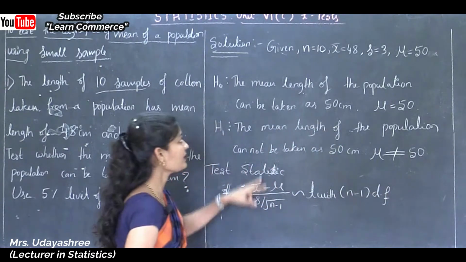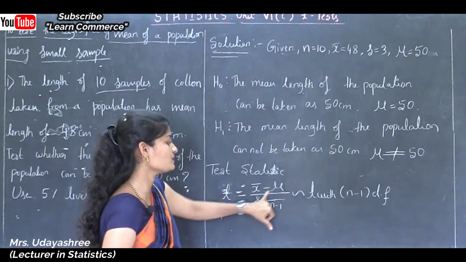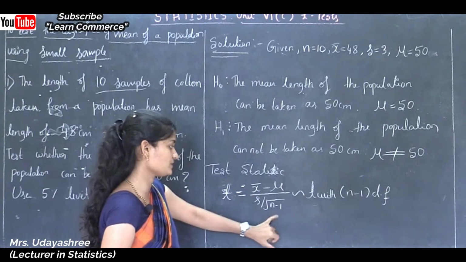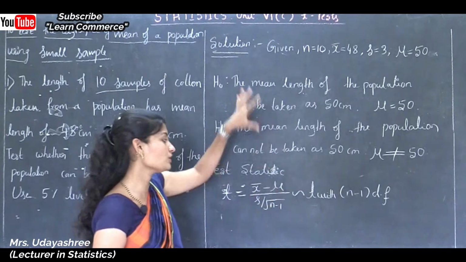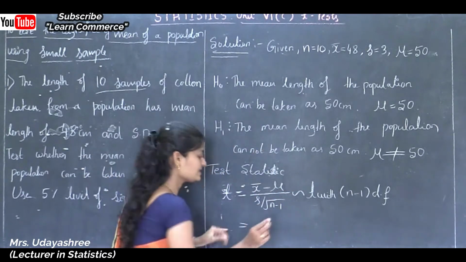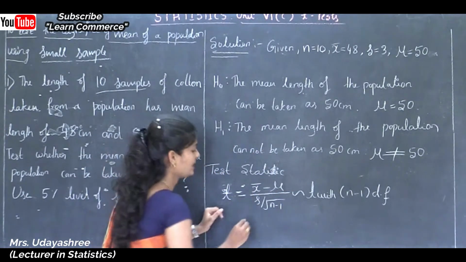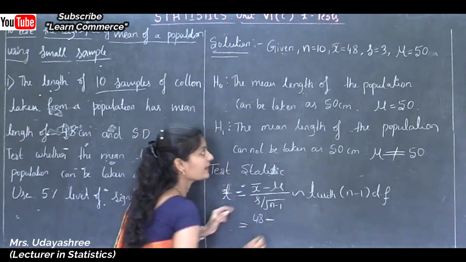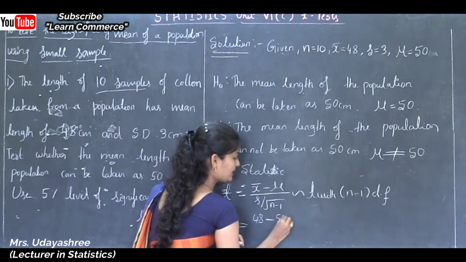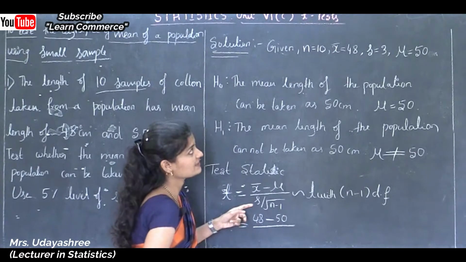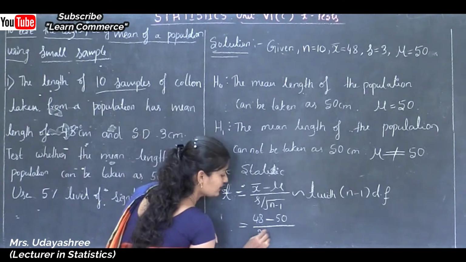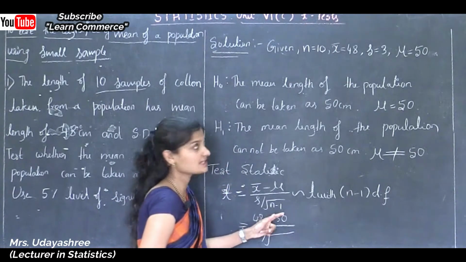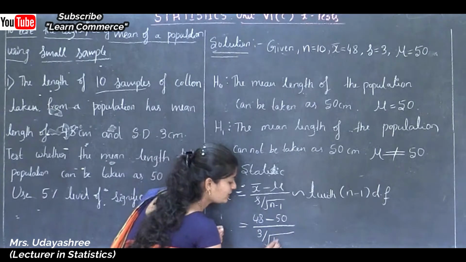Here we have the x bar, mu, s and n observations, so I will substitute all the observations into this formula. X bar is 48 minus mu, mu is 50, divided by small letter s, that is standard deviation 3, divided by square root of n minus 1. N is 10, so 10 minus 1.